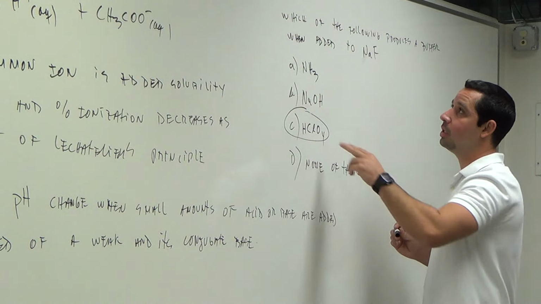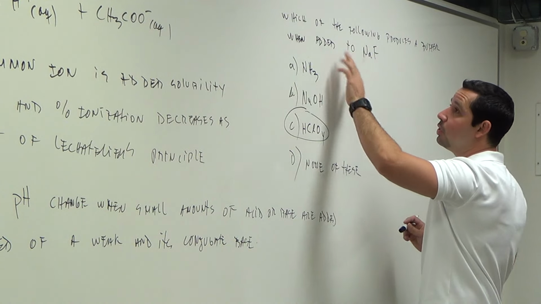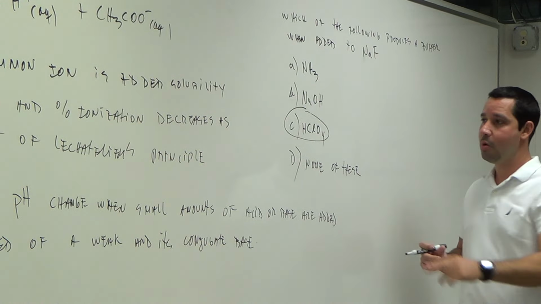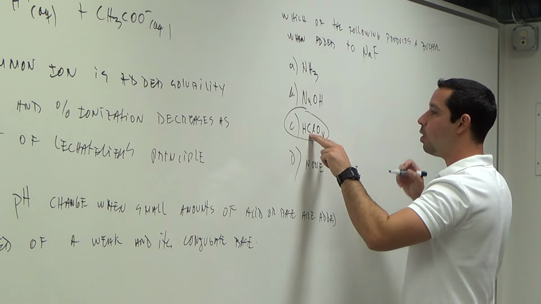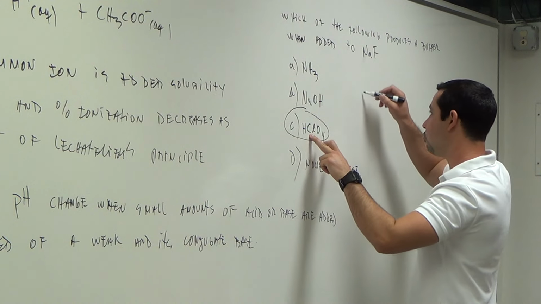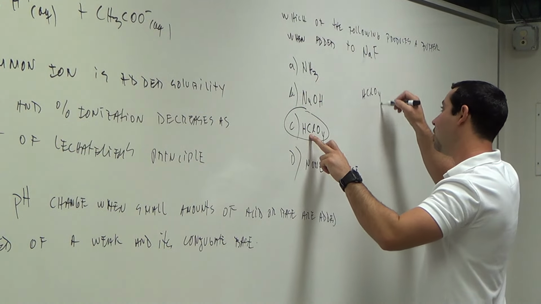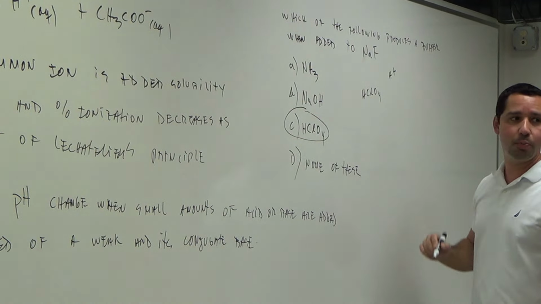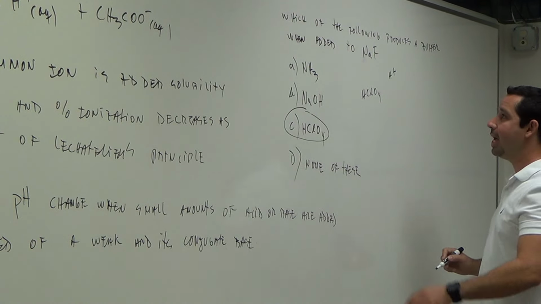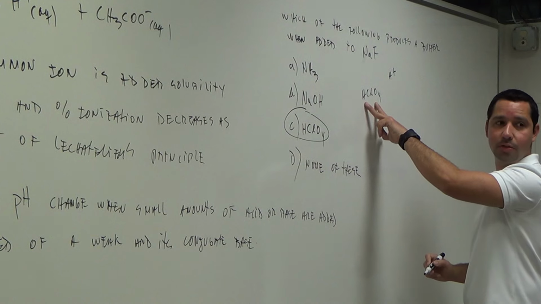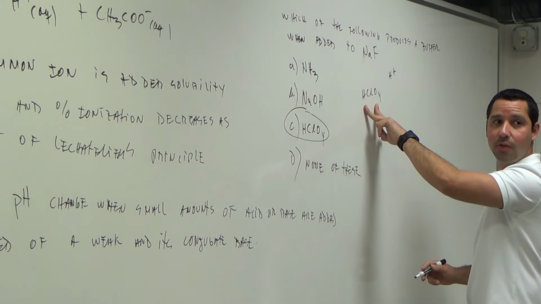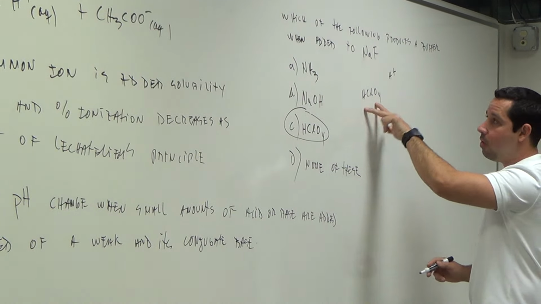Now this, which of the following produces a buffer when added to this? I didn't say how much I added. But if I dissolve this, is it strong or weak? This is a strong acid, and when dissolved in water it forms H+. How much of it? All of it, 100% is going to form H+.